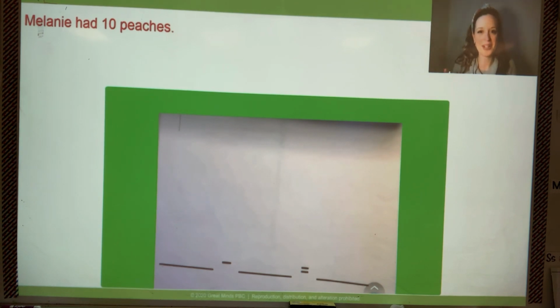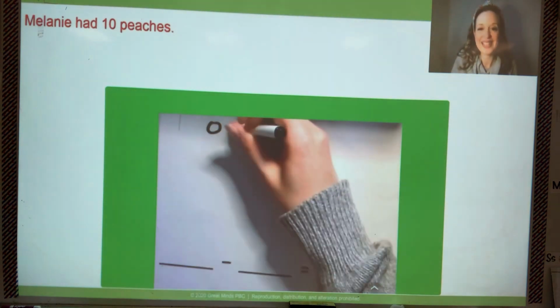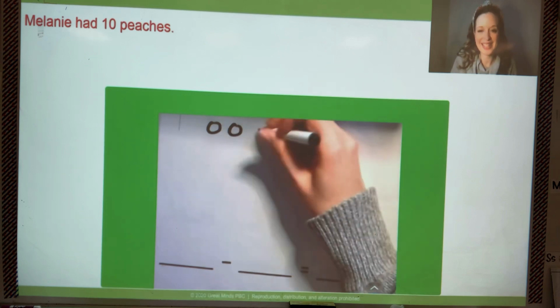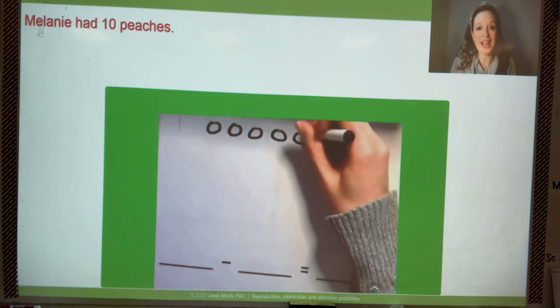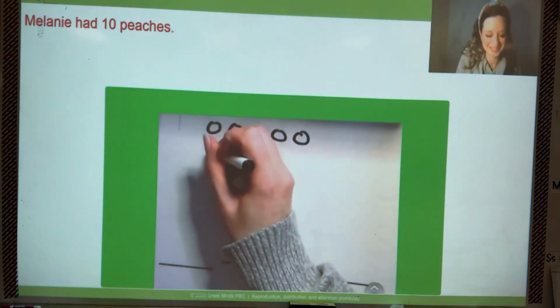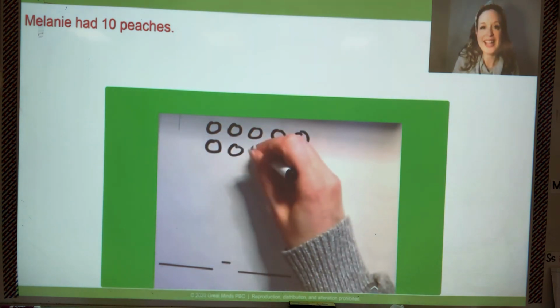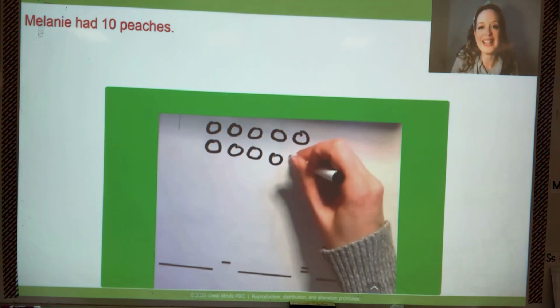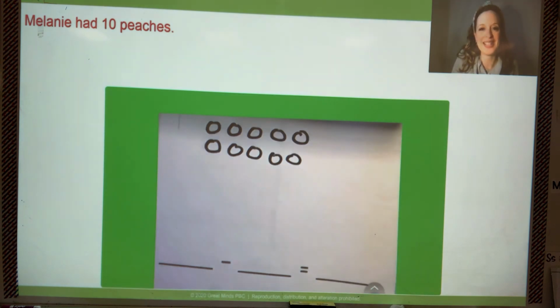Let's get our marker and draw. 1 peach, 2 peaches, 3 peaches, 4, 5 peaches on the top row, half down below, 6 peaches, 7, 8, 9, 10. Here are Melanie's 10 peaches.